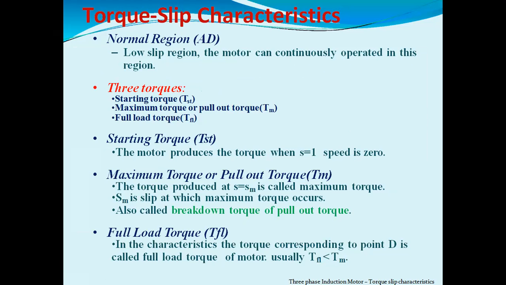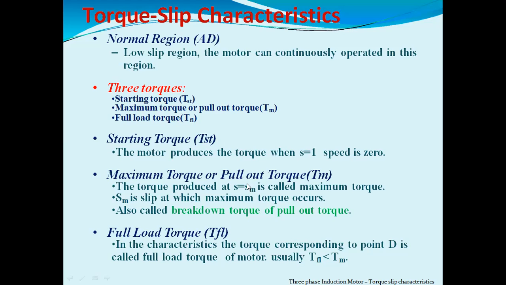We have the torque equations for starting torque, where you get the starting torque when S, which is nothing but slip, equals 1. When we take the starting speed of the rotor as 0, S equals 1, the motor will rotate and you get a value of torque. That torque we call the starting torque.